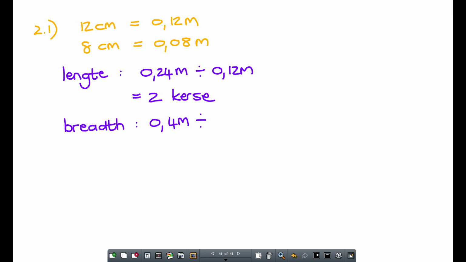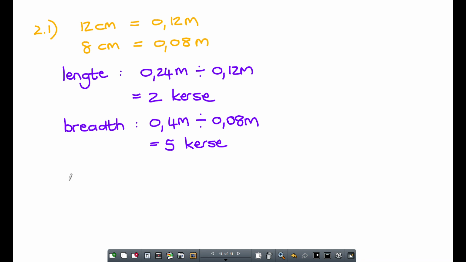Okay, so as ek hom nou gaan laat plat lê, daar in my box, as ek hom so draai, die middellyn is wat ek hier wil sien wat gaan inpas, nee? Okay, so we're going to divide it by 0,08 meters. En dit gee vir jou 5 kerse, 5 candles.